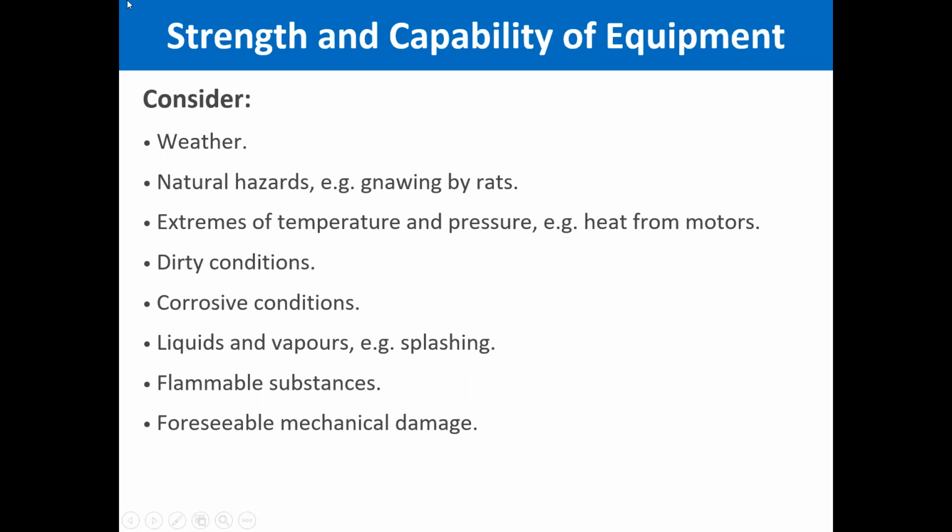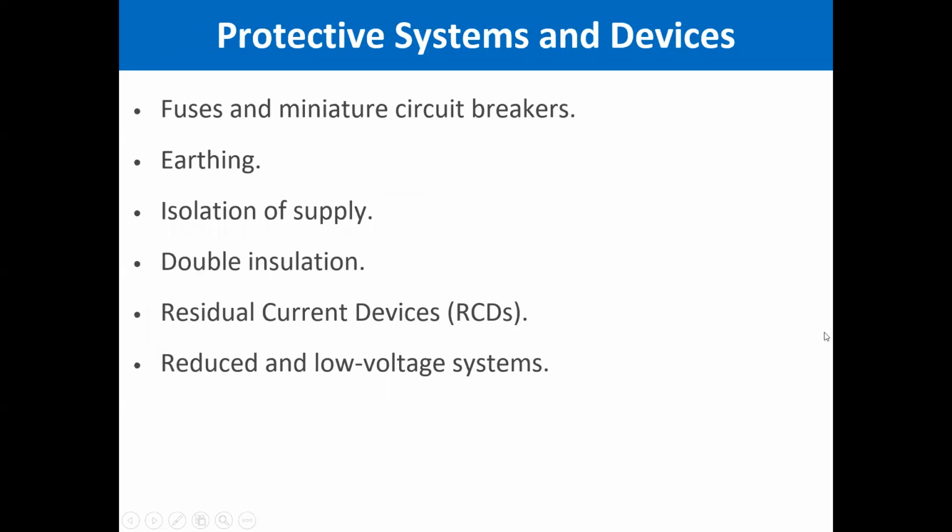While selecting the strength and capability of equipment, you need to consider the weather, natural hazards such as gnawing by rats, because the rats will damage it, extremes of temperature and pressure, dirty conditions, corrosive conditions, because all of these things can damage the insulation of the conductor. Liquids and vapors, splashing, flammable substances, and foreseeable mechanical damage as well, such as wear and tear.